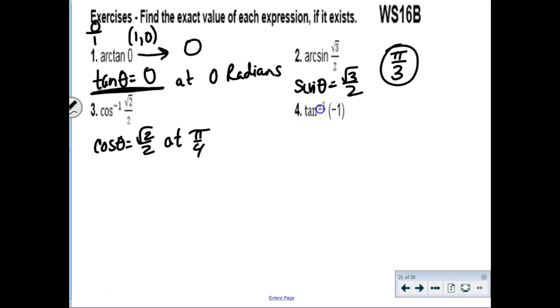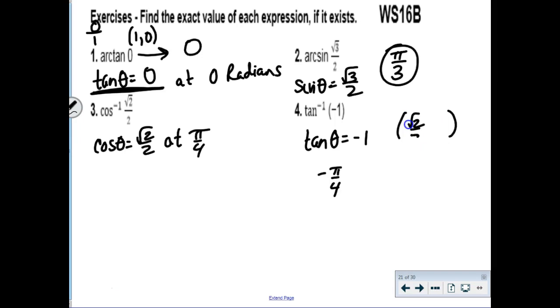Okay, arctan negative 1. This question used to say, where is tangent negative 1? Only look in the places where tangent is defined, and also the way I define them. Very good. Negative pi over 4. Because look at the ordered pair at negative pi over 4.